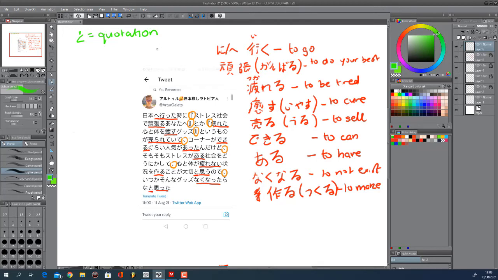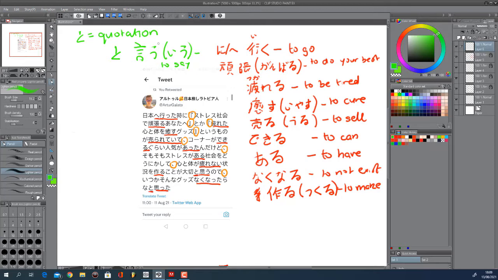So iu means to say. I'll just write that here. Iu, which is to say. Now this verb usually comes with the to before it if we're going to be saying something. So if you said blah blah blah, I said this, then you use to iu at the end to say I said that.